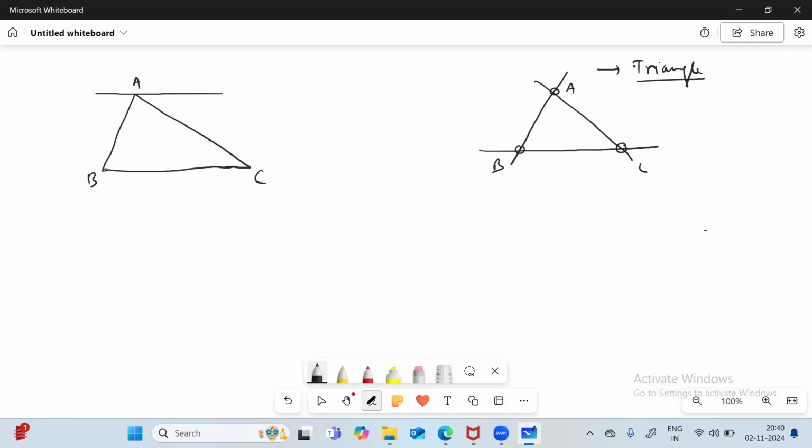So we took a line parallel to BC, and then from the theory of parallel lines, this particular angle will be equal to B, and this particular angle equal to C, and this angle is A. And since all these three angles are on one side of the straight line, that's why A plus B plus C would be 180 degrees.